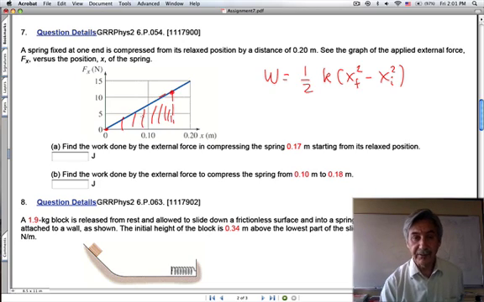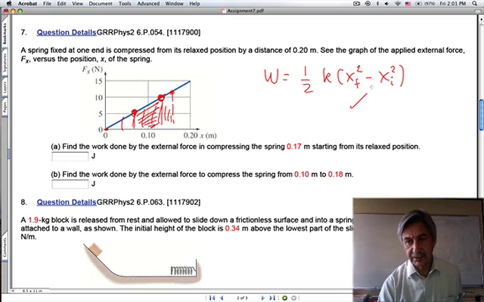Now, if you have to calculate the work down in part B between a point here and a point there, which will be this area, well, that's the area of the larger triangle minus the smaller triangle, so it's still given by that expression.